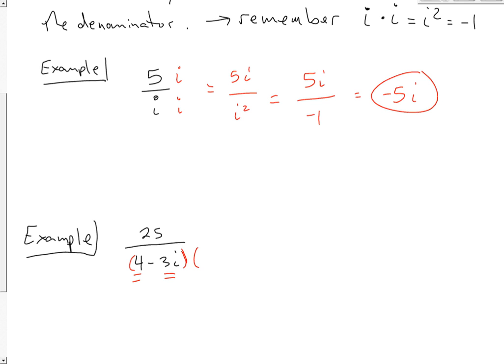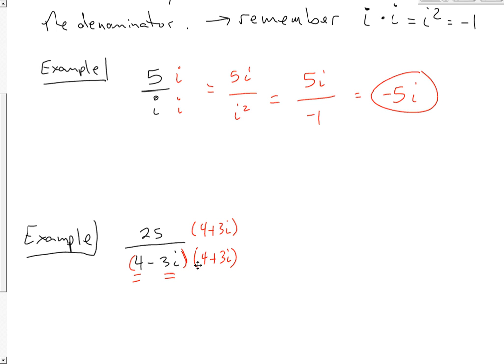It was using the understanding of the difference of two squares. So we had 4 plus 3i, and that is the conjugate of 4 minus 3i. And we are going to do that on top and bottom.